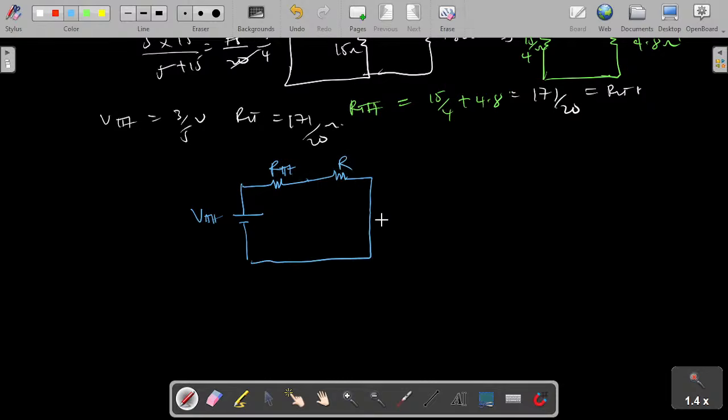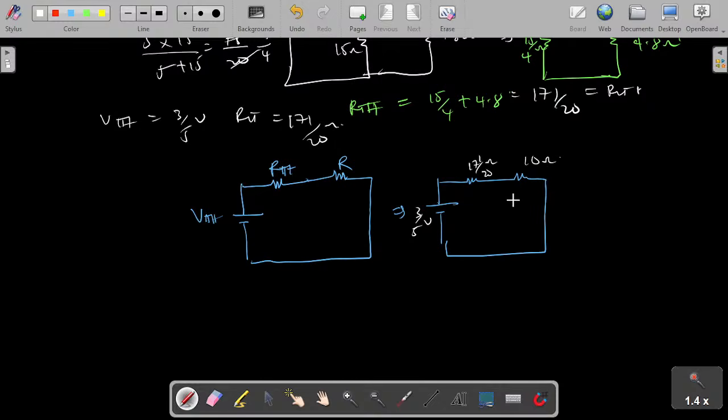So within this circuit, we will replace it with the variables we found. I'll have my VTH to be 3 over 5 volts. My RTH will be 171 over 20 ohms. Then this is 10 ohm because we want to find the current through the 10 ohm.